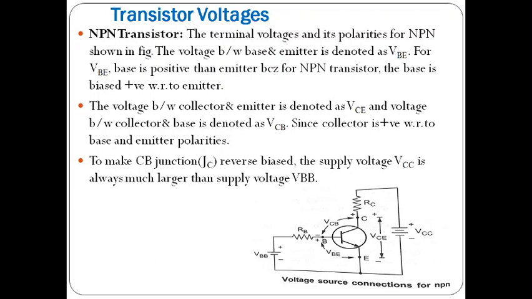Clear? If it is PNP, then what happens? Emitter is high, then base is high, then VC. So for NPN we can say VE less than VB less than VC. For PNP we can say VE greater than VB greater than VC. Clear?